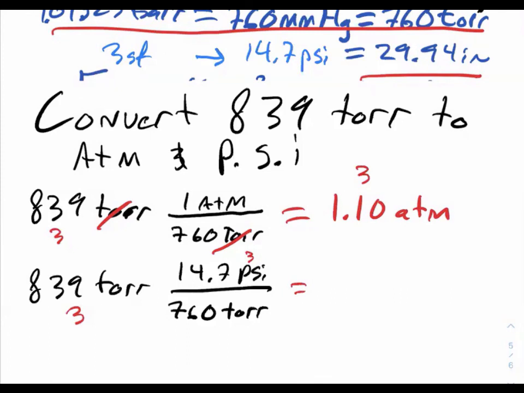So I'm going to take 839 divided by 760, then times 14.7, and I get that's equal to 16.2 PSI. So that's converting between pressure units. And so using the same strategies, you should be able to convert any of those pressure units between each other.